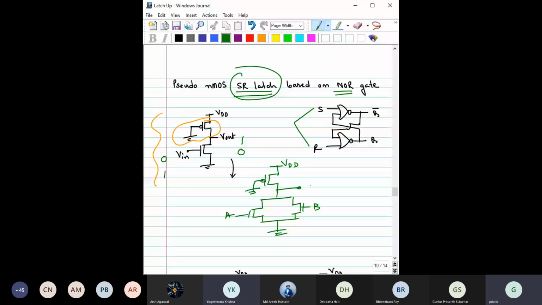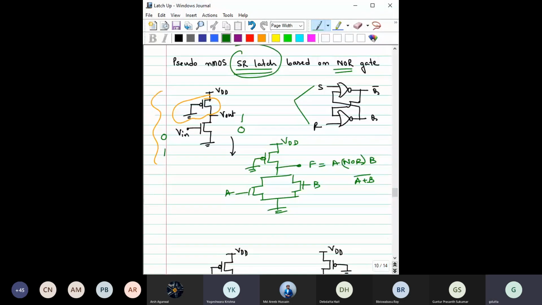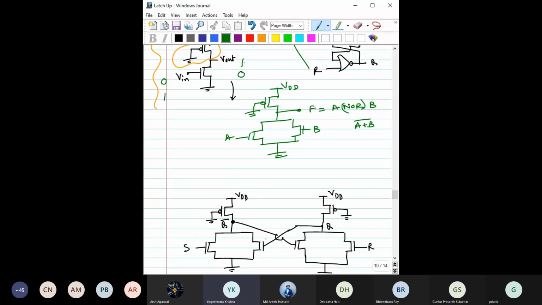Here F is equal to A NOR B. So if we can implement any logic function, then you should also be able to make a latch with this. So let us see how to do that.